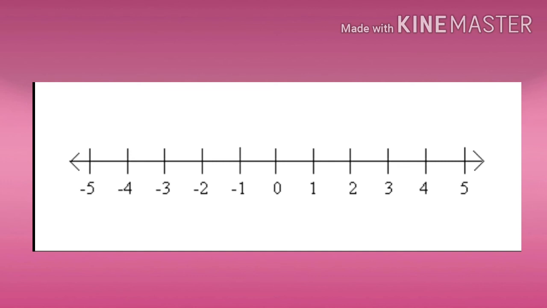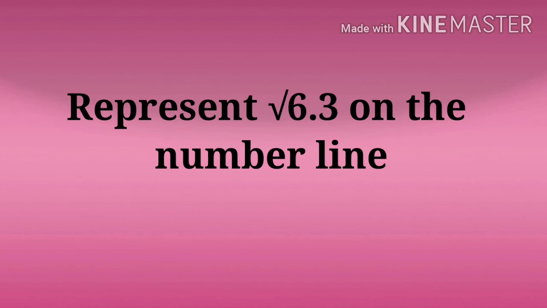I'll give one question. Represent root 6.3 on the number line. Not 6.3, square root of 6.3. If it is root 2, then we all know the value of root 2.